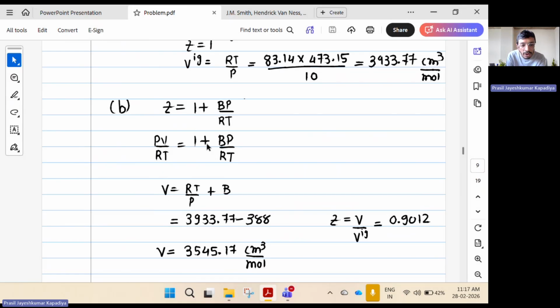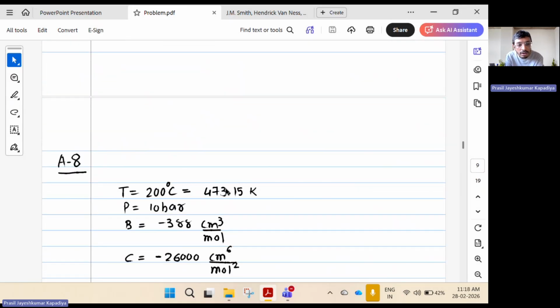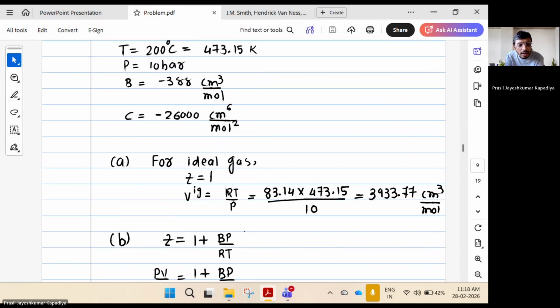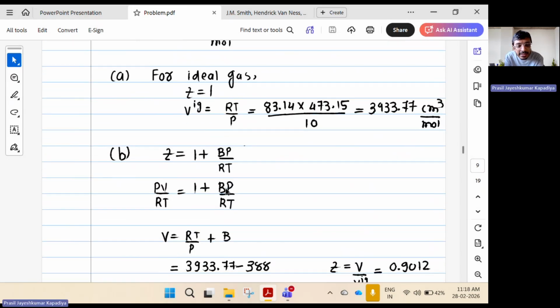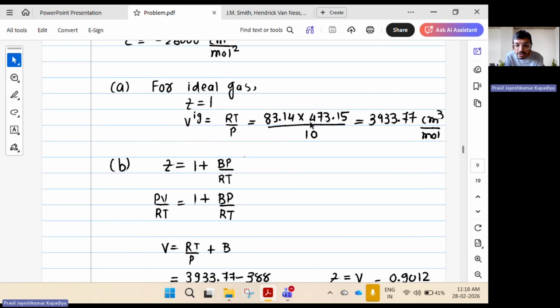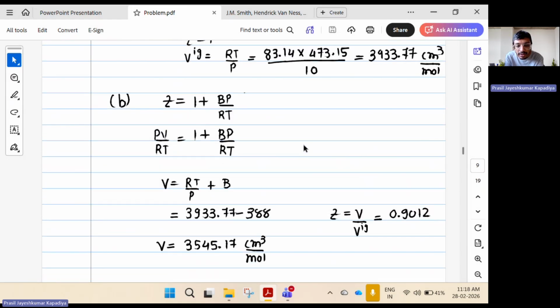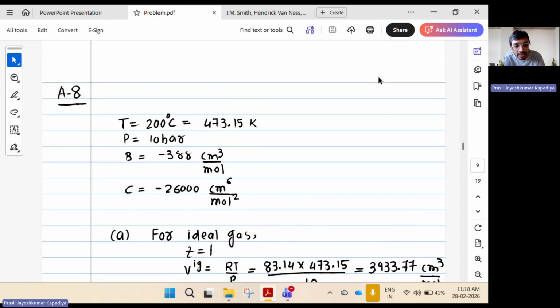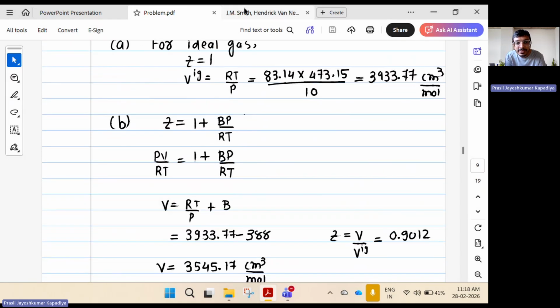So my volume will be equal to RT by P plus B. R is 83.14, temperature is 473.15, pressure is 10, plus B, which is given to us as minus 388.